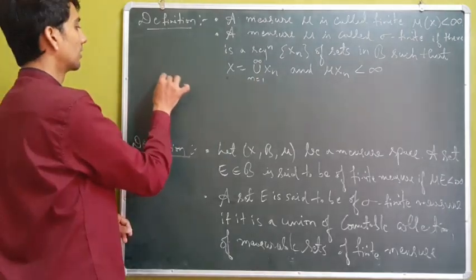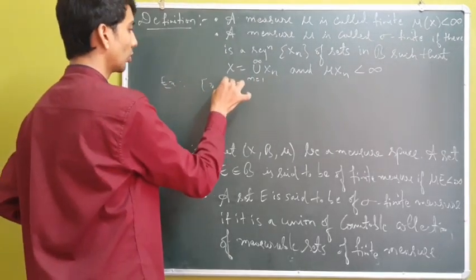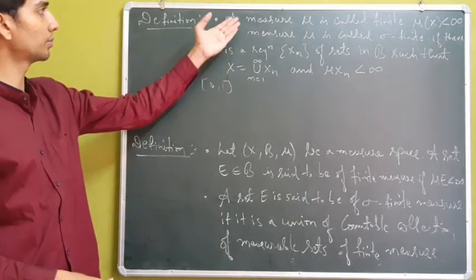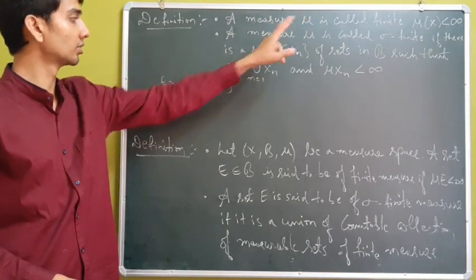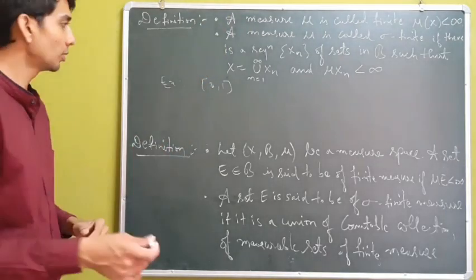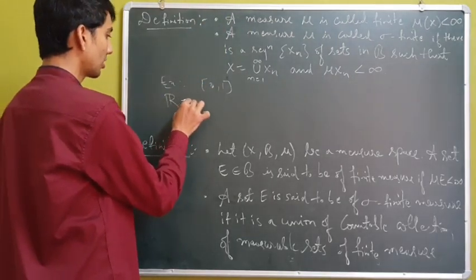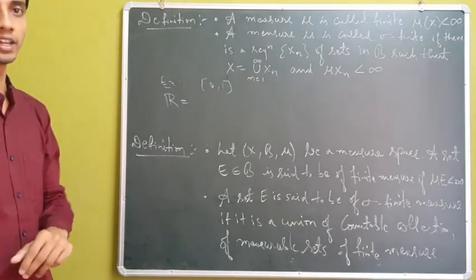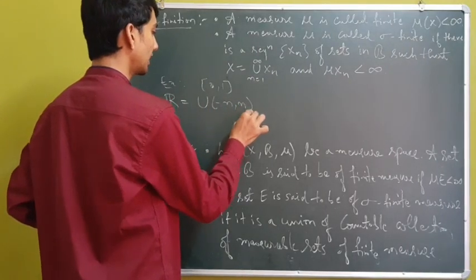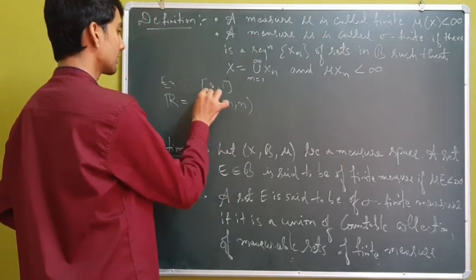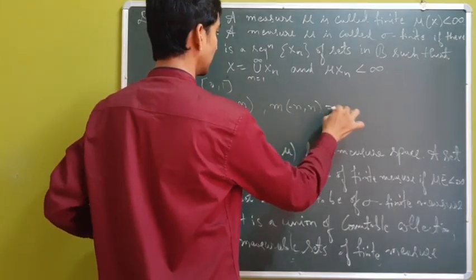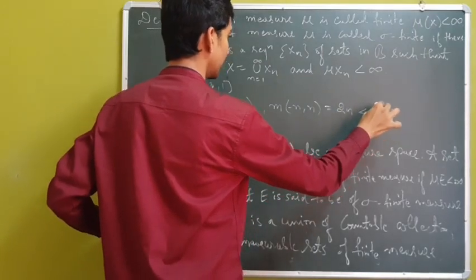For example, if you consider the interval [0, 1], the Lebesgue measure on that interval is finite. So this can be an example of a measure which is finite. If you consider the Lebesgue measure on R, it is sigma finite because R can be expressed as the countable union of the sets [-n, n], where the measure of the set [-n, n] is 2n, which is clearly finite.